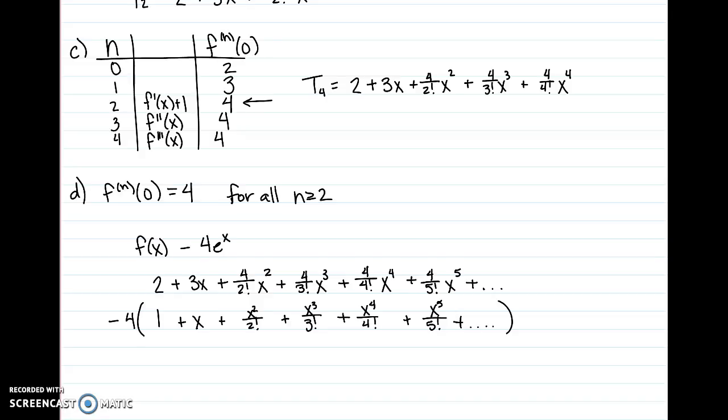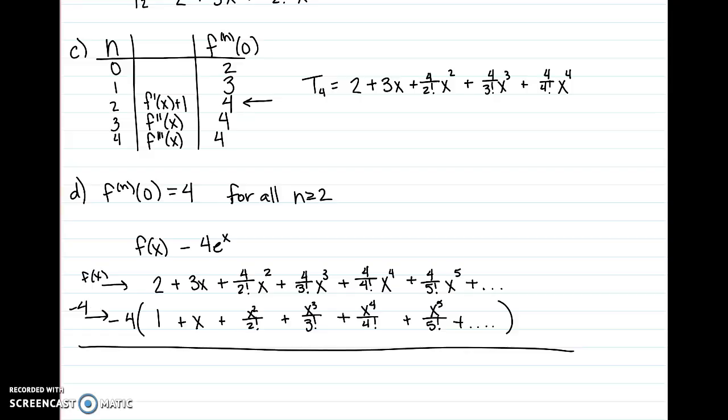So if I add these together, f of x minus 4e to the x, or f of x, which is this, plus negative 4e to the x, which is this, I got 2 minus 4. Those are my constant terms. And then I have 3x minus 4x, which is negative x. Those are my x terms. And then I've got 4 over 2 factorial x squared minus 4 times x squared over 2 factorial.